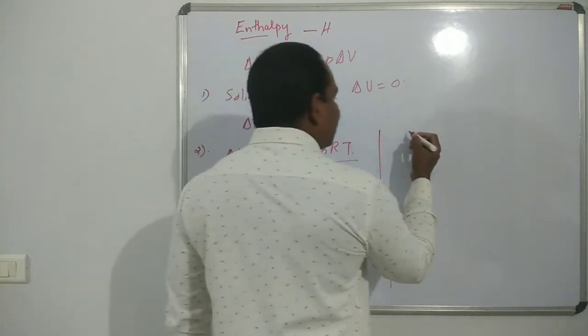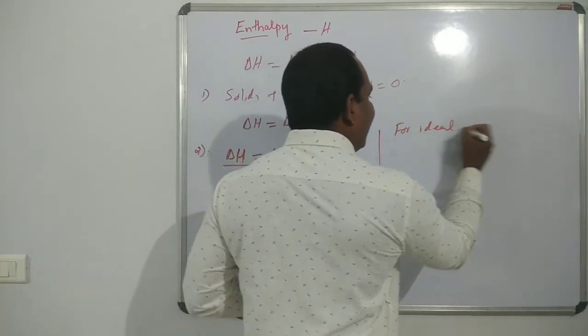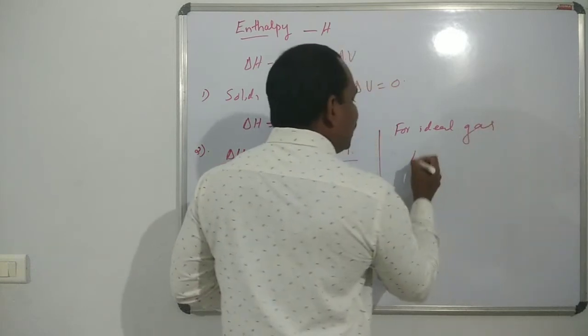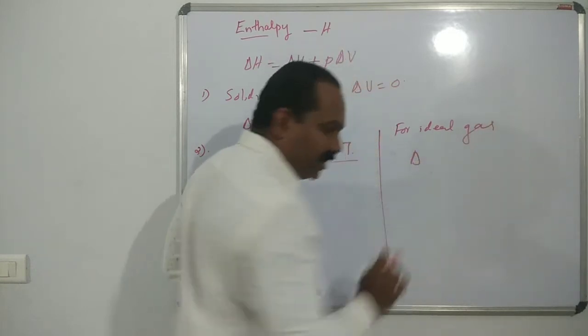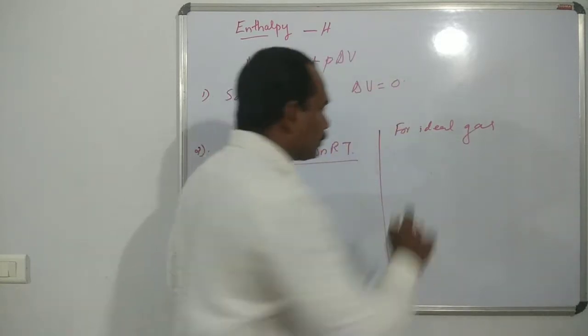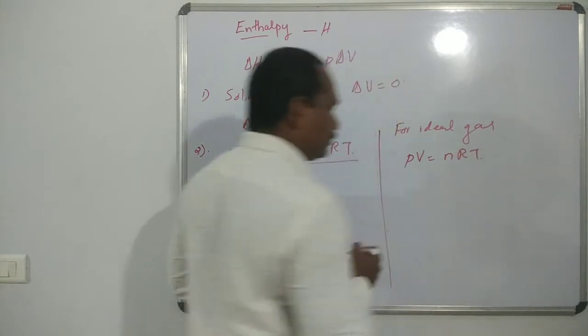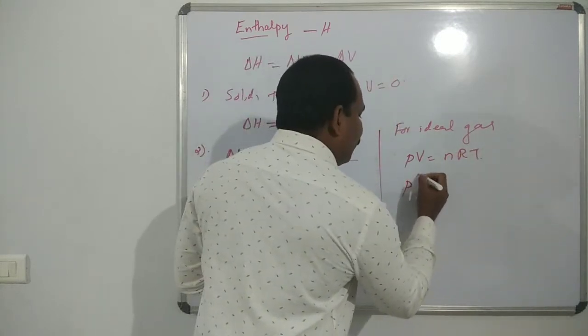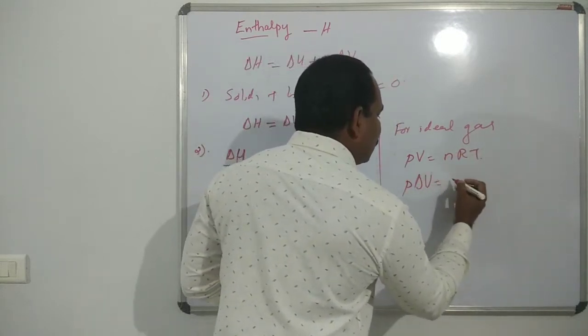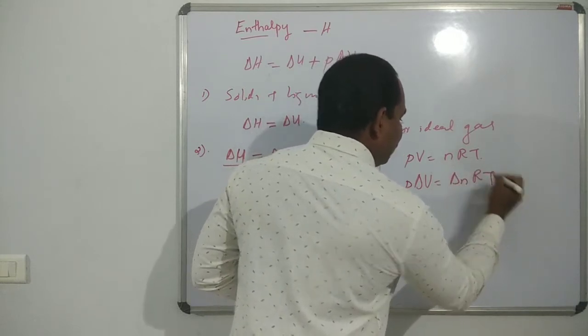We know that for ideal gas, PV is equal to nRT. Therefore, P delta V is equal to delta nRT.